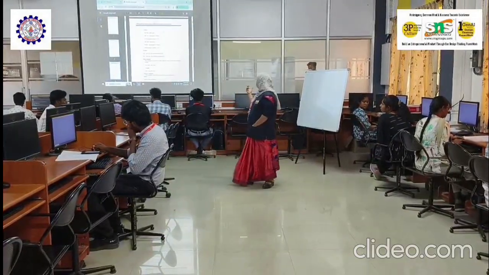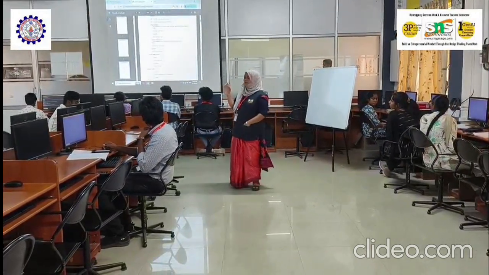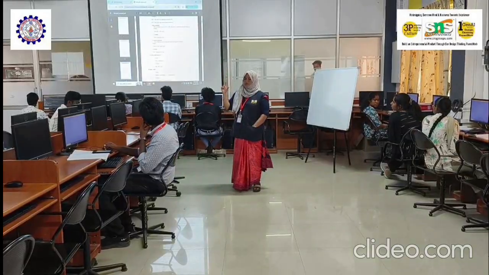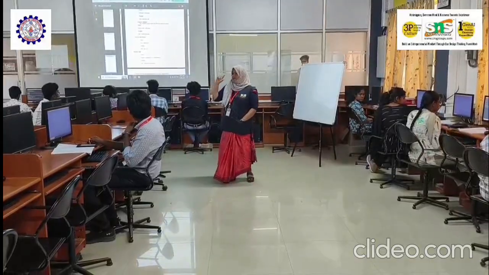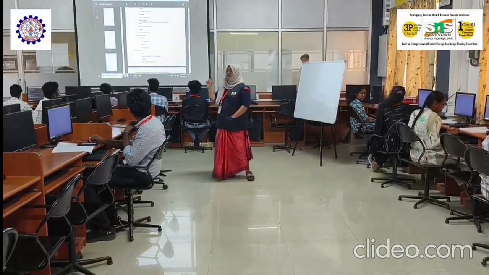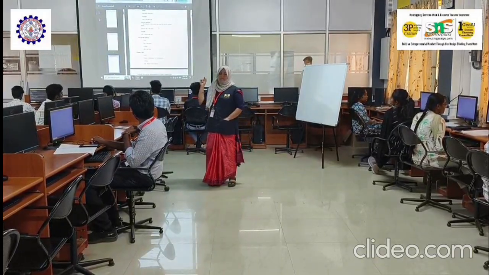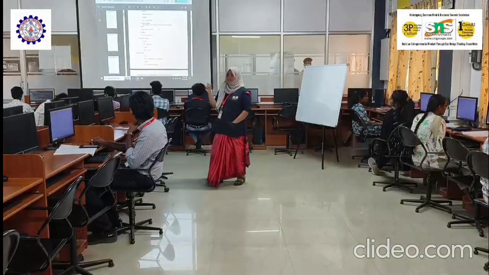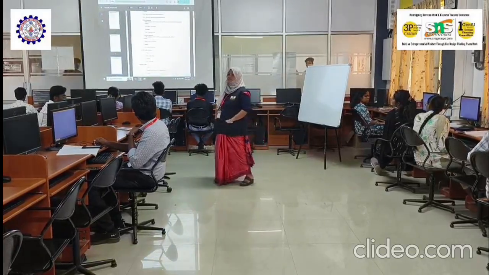We can also use drop in alter table. If you want to delete a particular column alone, note there is a difference between delete and drop, you can use the alter command with the keyword drop. Clear? Next.